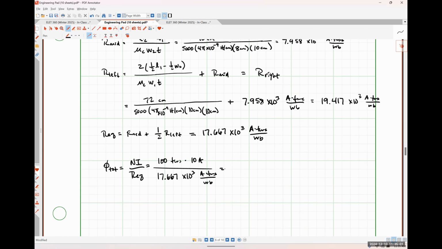So 1,000 divided by 17.667 times 10 to the 3 gives me 0.0566 Weber, or 56.603 milliweber. Okay.